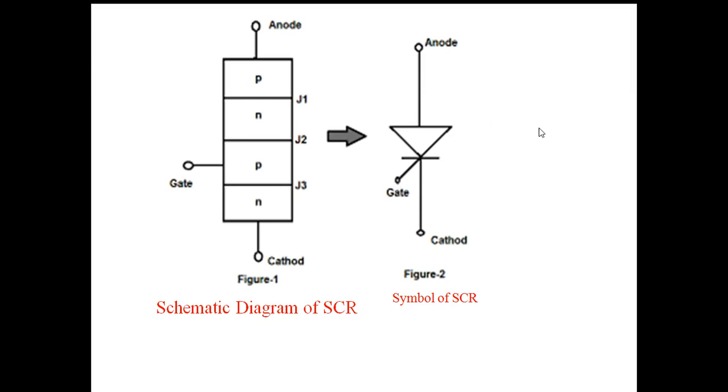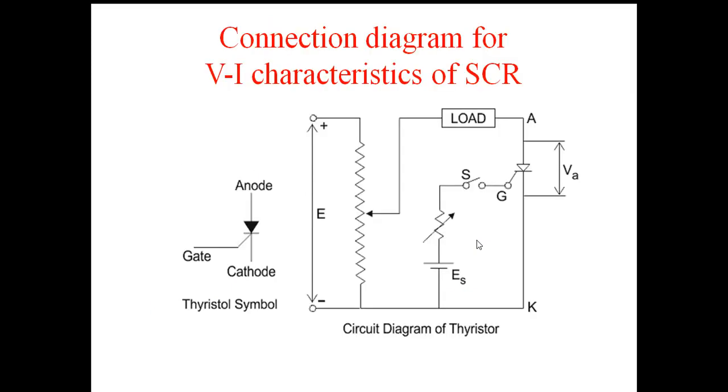When we apply a proper gate signal, conduction takes place from anode to cathode. How we apply the gate signal and how conduction takes place from anode to cathode, we are going to see right now in the V-I characteristics in detail.